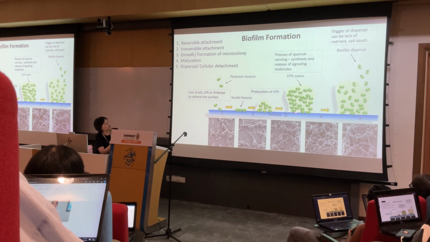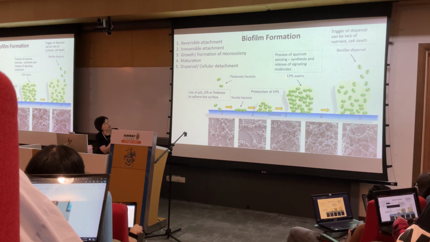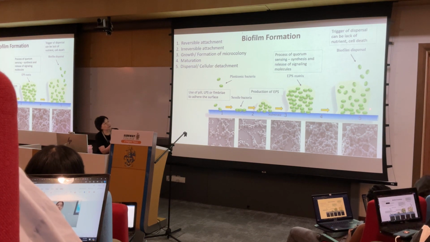Right. Number 4, they become more complex, they start to get mature, and they have the EPS. The EPS, extracellular polymeric substance. They build a lot of carbohydrate, lipid, protein that's secreted by cells, and exchange genetic material through conjugation, building a small community. Now this biofilm is getting very mature. However, the cells surrounding the biofilm have very limited access to nutrients or water.